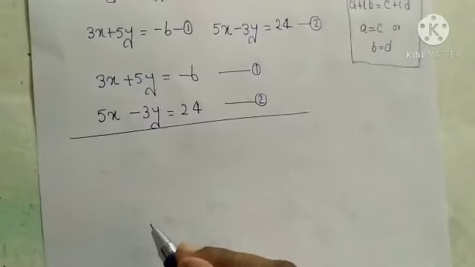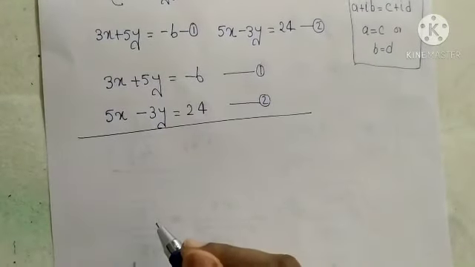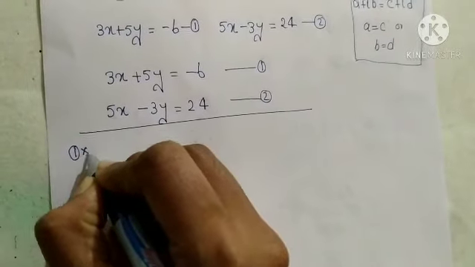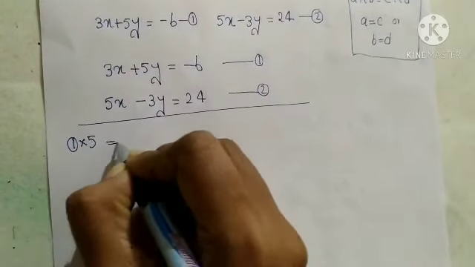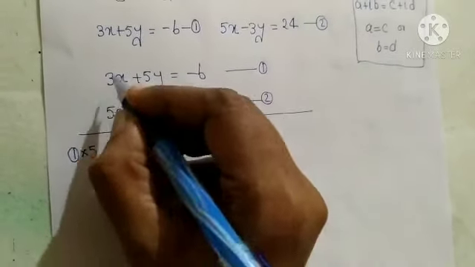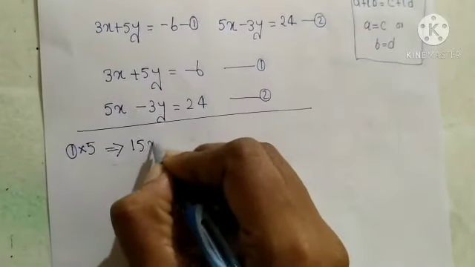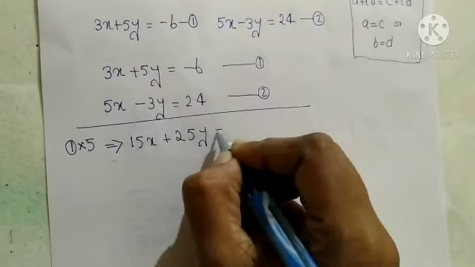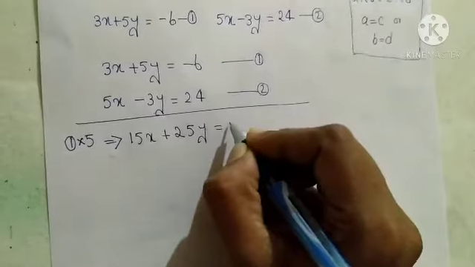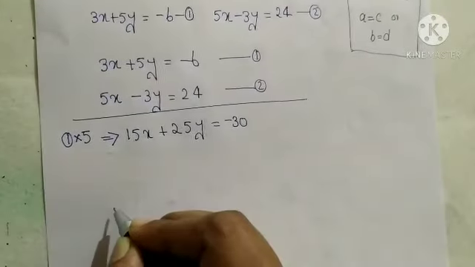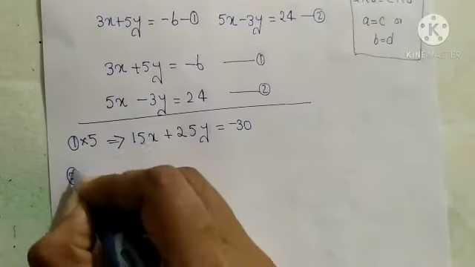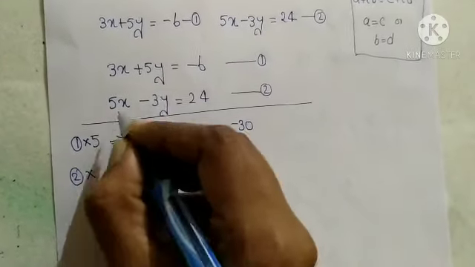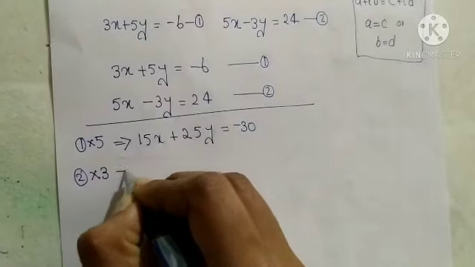Okay, so I'm going to multiply equation number 1 throughout by 5. It will become 5 into 3, 15x, plus 5 into 5, 25y, equal to 5 into minus 6, minus 30. Again, I'm going to multiply equation number 2 with 3.